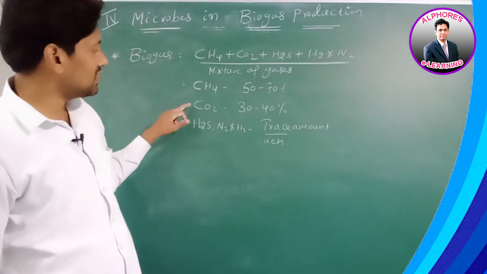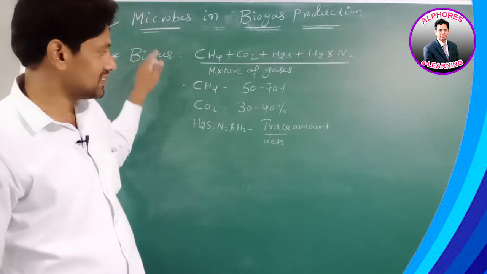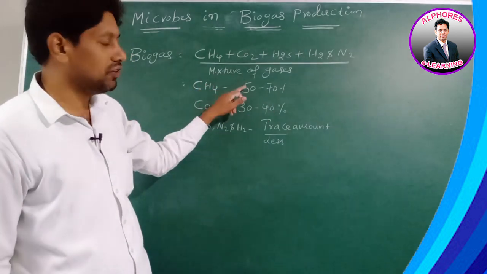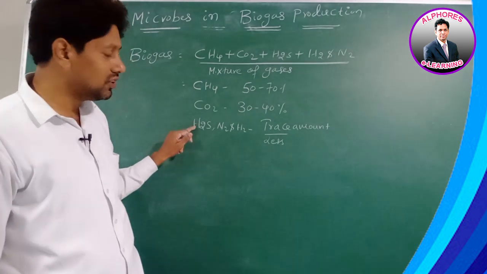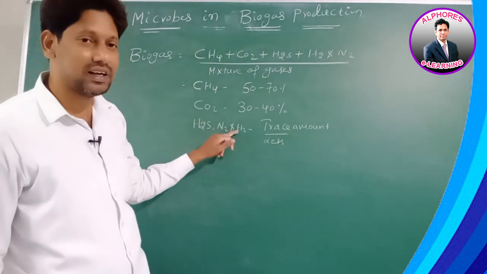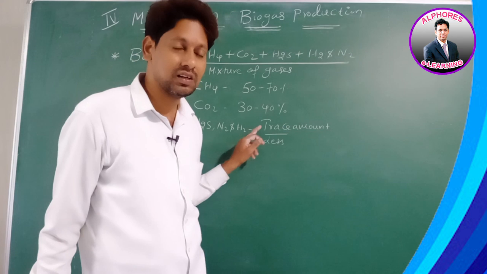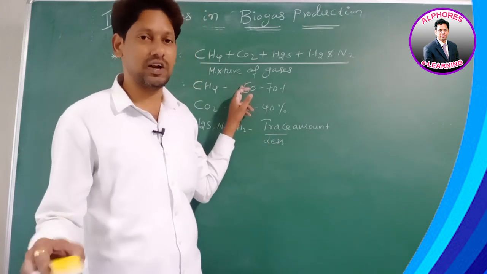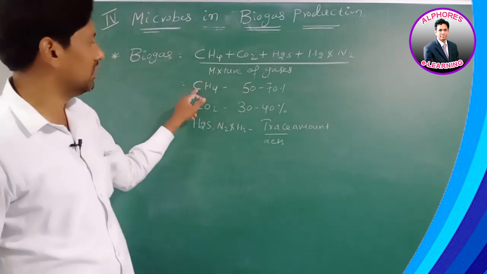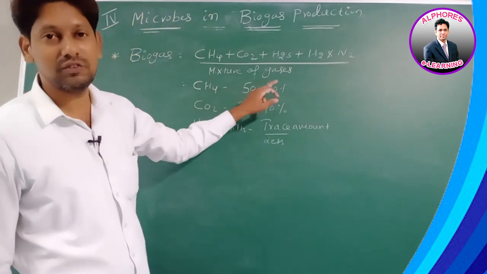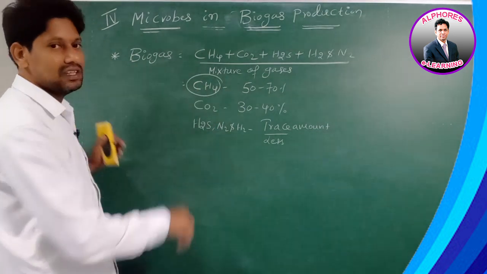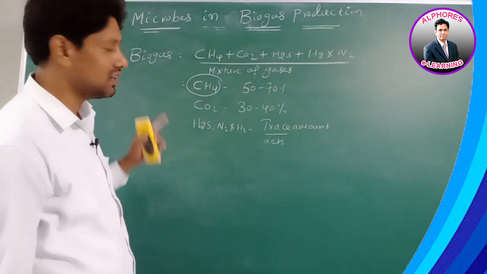Carbon dioxide is 30 to 40%, methane 50 to 70%, and hydrogen sulfide, nitrogen and hydrogen are present in trace amounts. In biogas, which gas is predominantly present? Methane, because its percentage is 50 to 70%. Therefore, the predominant gas in biogas is methane.